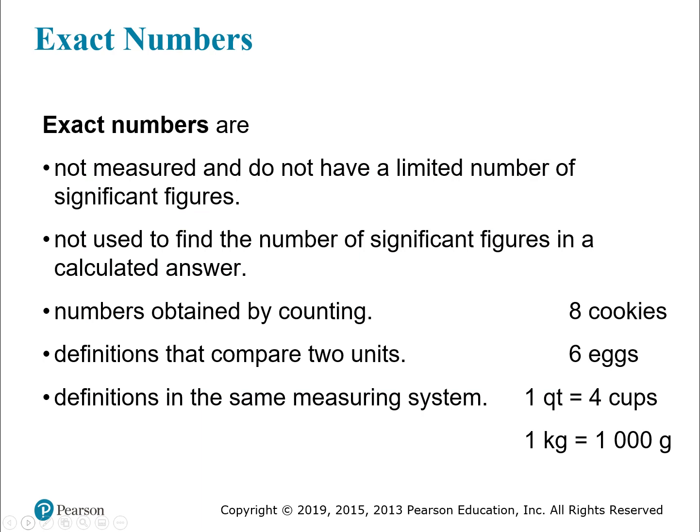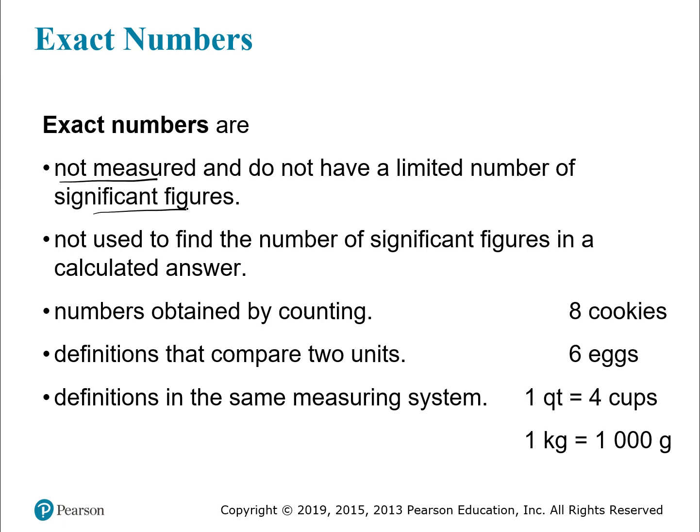So we covered measured numbers, right? We're taking a height, a weight, some kind of measurement using an instrument. And all those digits that we record are significant. There are also exact numbers. Exact numbers are not measured, and therefore, we don't worry about significant figures.